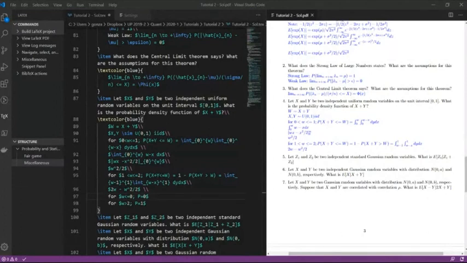Probability and Statistics. We will be uploading the book titles in the syllabus whenever it's ready.